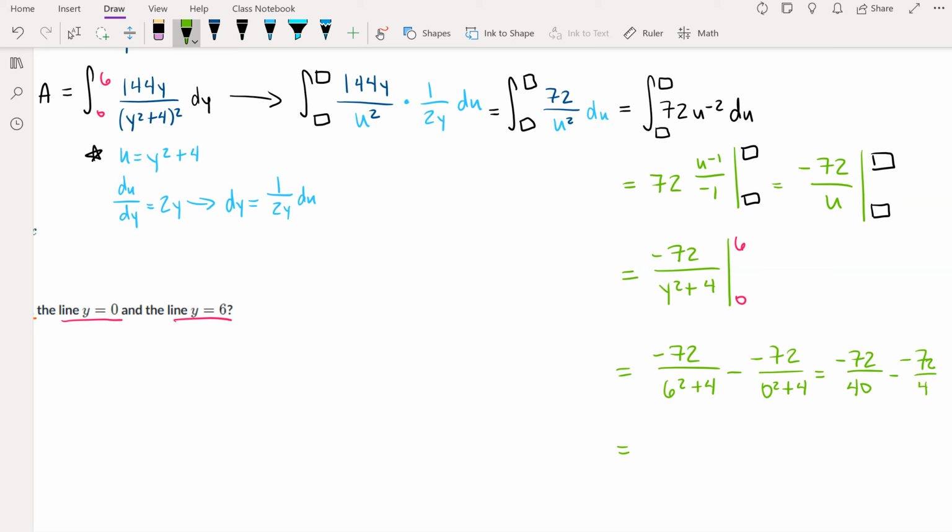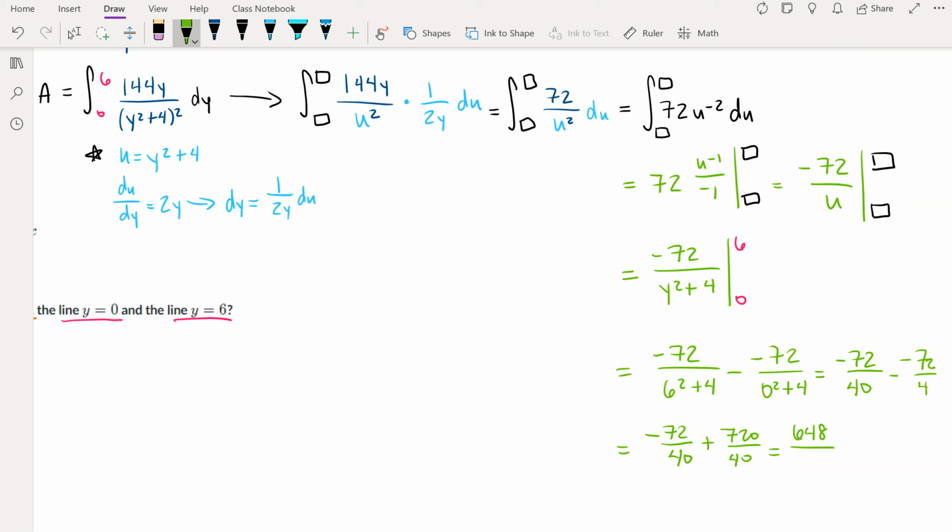And these double negatives, minus negative 72, that's going to turn into positive. So we have negative 72 over 40 plus, and then let me get a common denominator of 40. It would be 720 because we multiplied by 10, right? Sorry, plus 720 over 40.